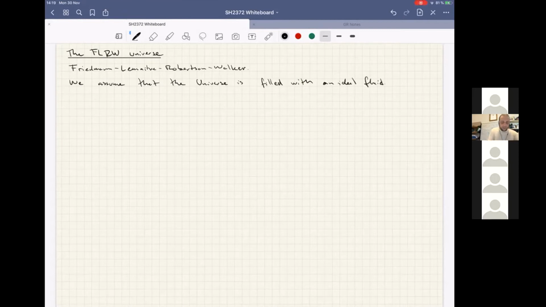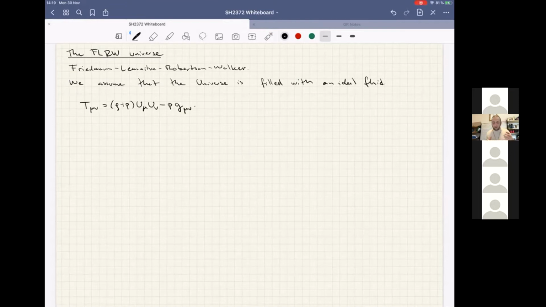So that means that this T mu nu, the stress energy tensor, is going to be given by some energy density and some pressure, and then we're going to have the four velocities of this fluid minus p g mu nu.